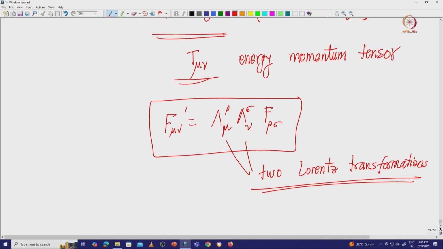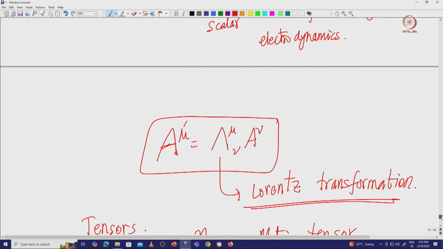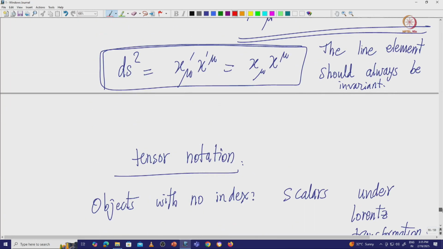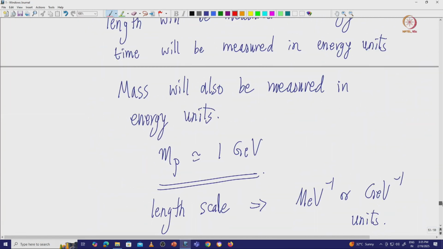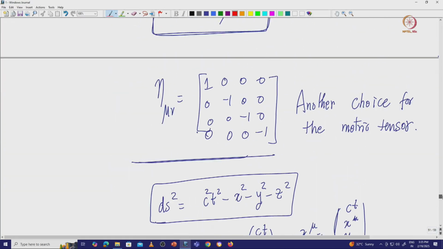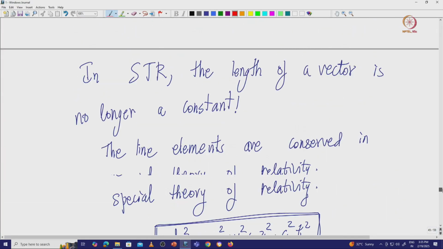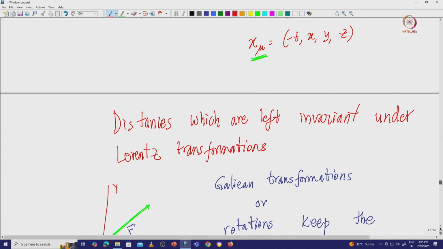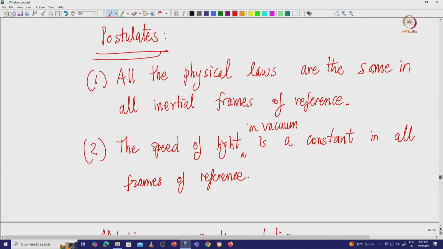So we have covered, and introduced you to, scalars, vectors and the basic foundations of special theory of relativity today.